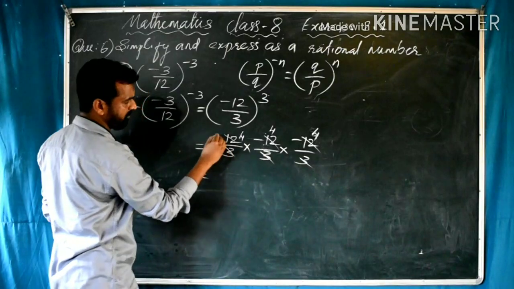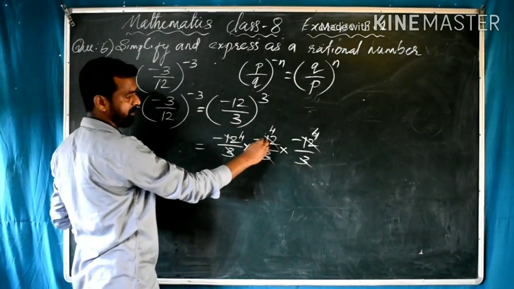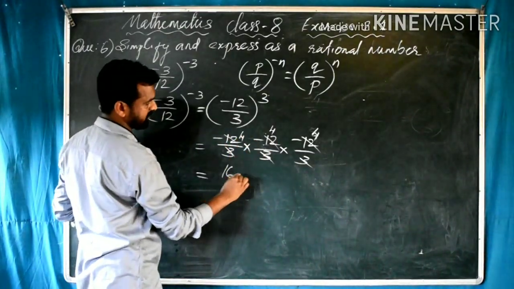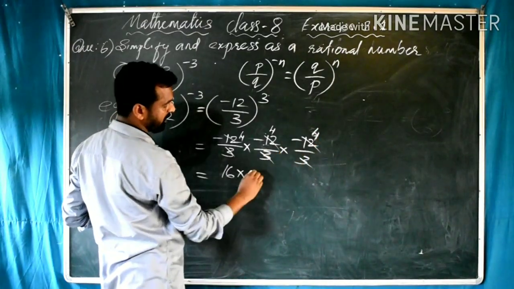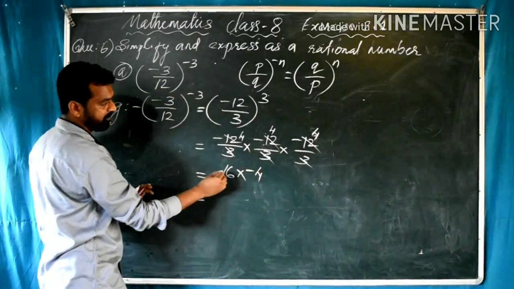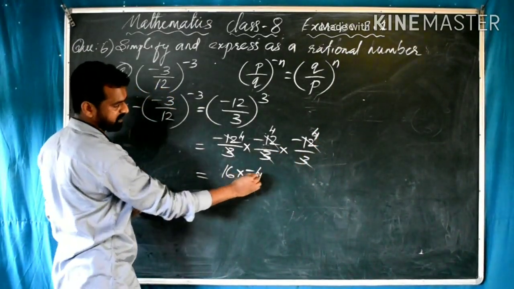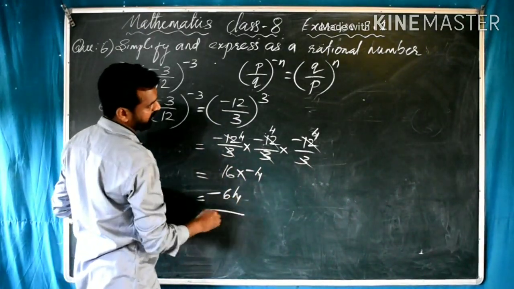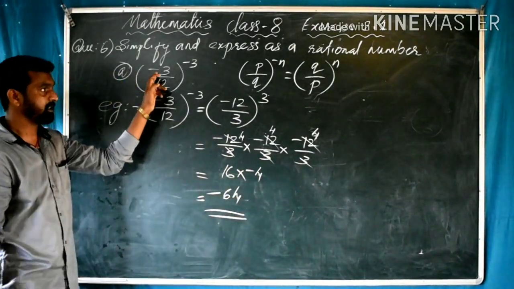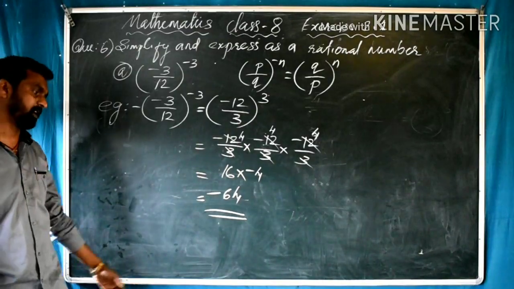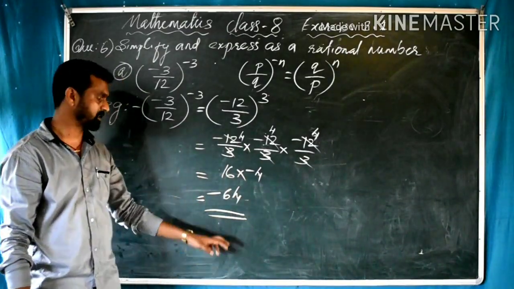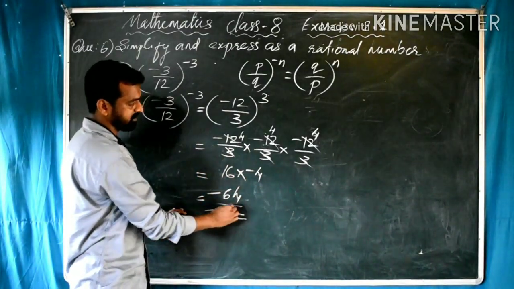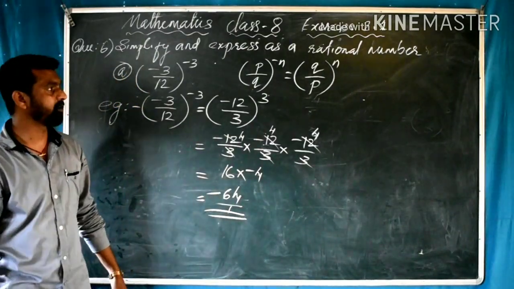So what will come as the answer? Minus into minus, it will become plus. 4 4s are 16 into the last one, minus 4. That is equal to plus into minus, minus 16 4s are 64. So we have simplified it and expressed it as a rational number. Minus 64 is also a rational number because minus 64 we can write as minus 64 divided by 1.